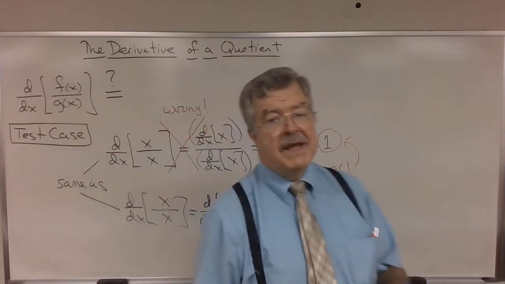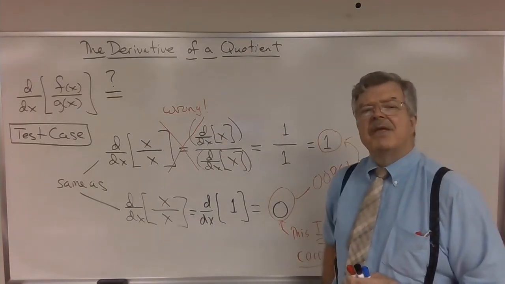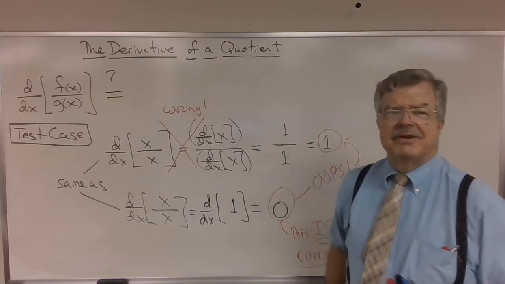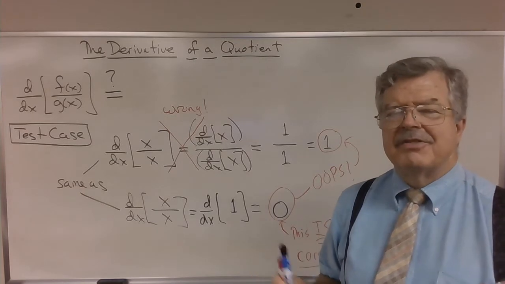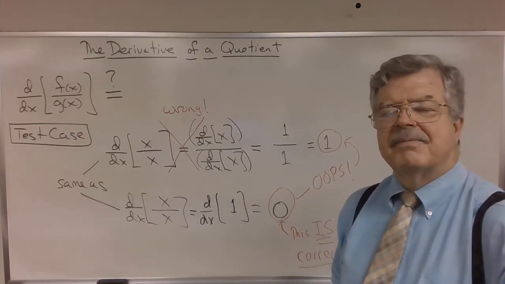Well, it's a good thing we had the test case. At least we can lay to rest now how not to compute the derivative of a quotient. And just like I did with products in the last class, I'm going to do the same thing with quotients in this class.